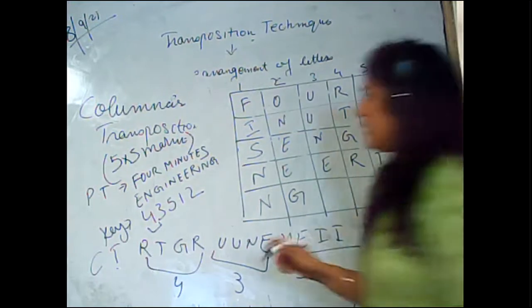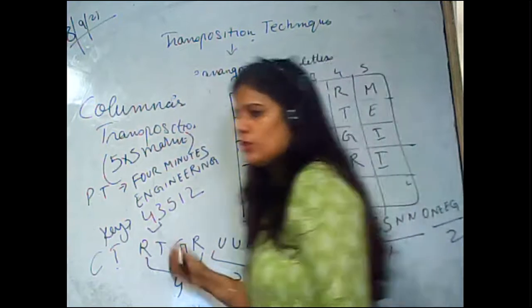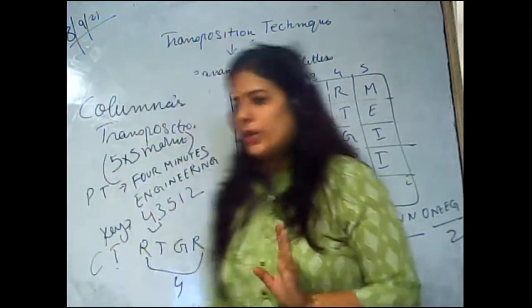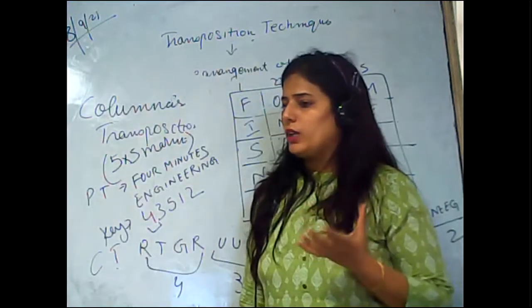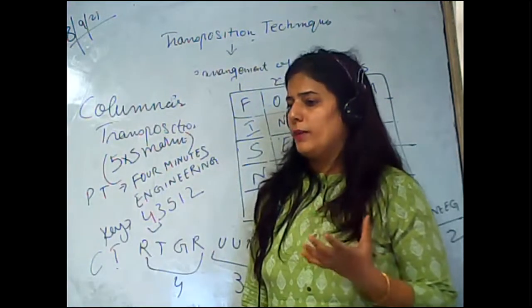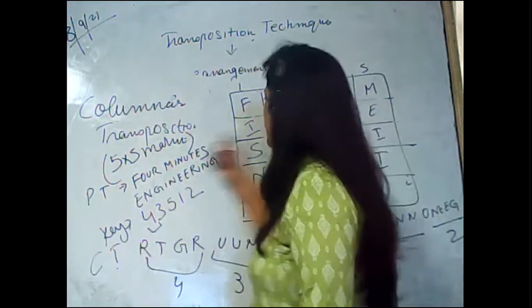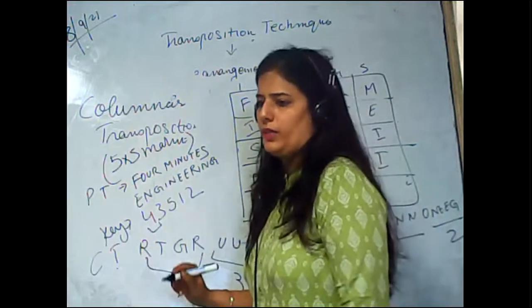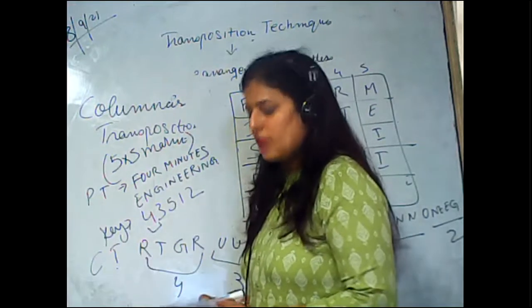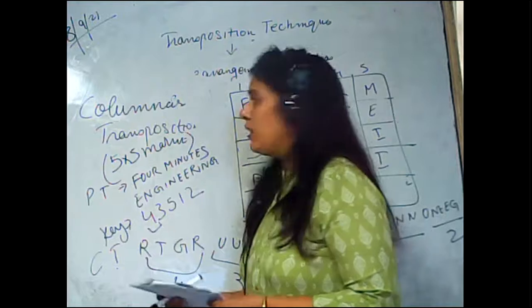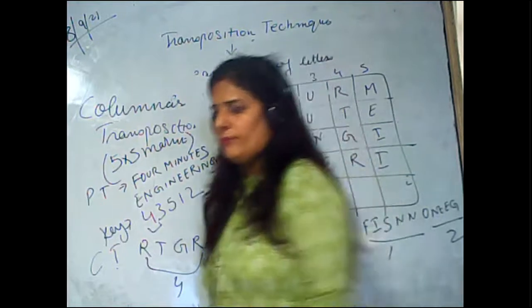If you are using a 5 by 5 matrix, then it is mandatory that your key value should also have 5 elements, because every time you give a key value with 5 elements, you need to use a 5 by 5 matrix. This is how we can use columnar transposition.